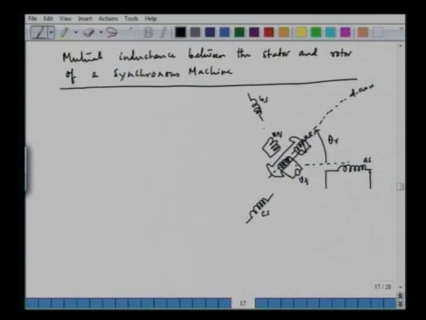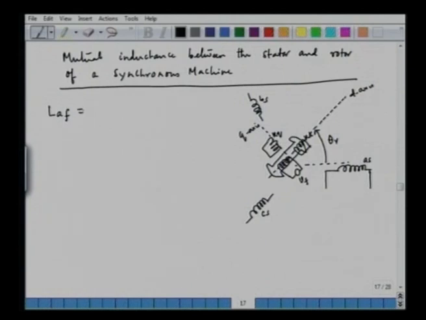And the orthogonal axis is the Q axis. So when we find out the mutual between A and F, we can write down this expression LAF. Now what is LAF?